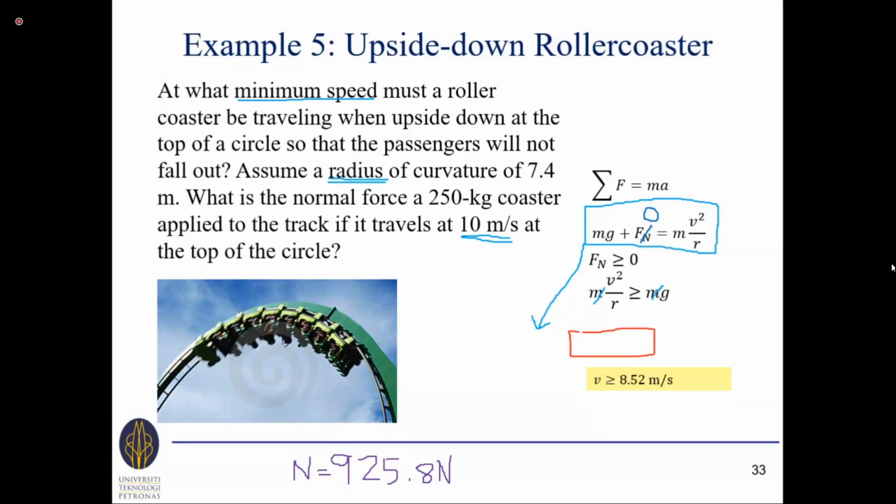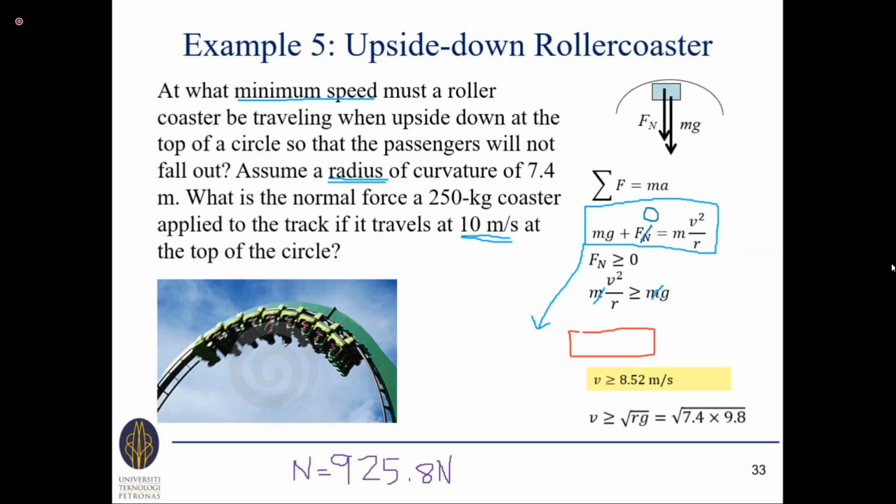If you calculate your normal as more than 0, it could be 2, 3, 4, or any other number, which means the circular motion will be right on track, and the object will be in touch with the surface all the time.